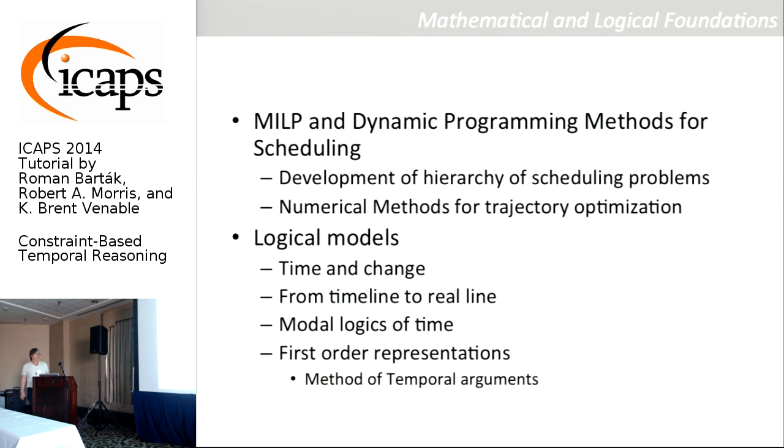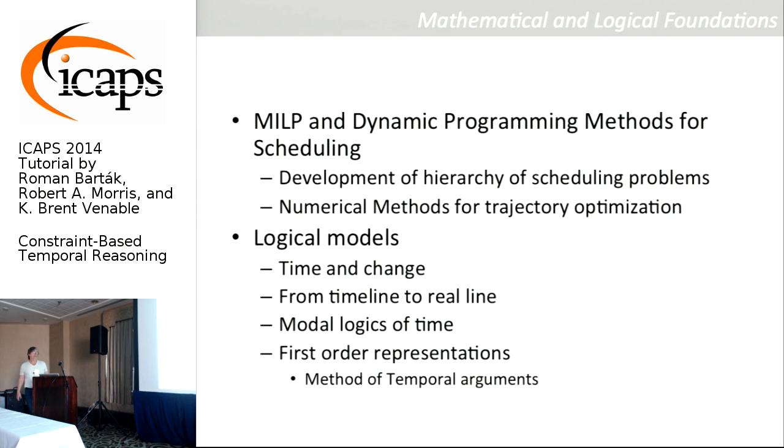And then of more interest to AI people are the first order representations of time that were developed in the 1960s by philosophers like Donald Davidson, who proposed what's called the method of temporal arguments, which is simply the idea that time can be represented as an argument in a predicate, like when you say an event happened at a time. At is a relationship between an event and some point in time.